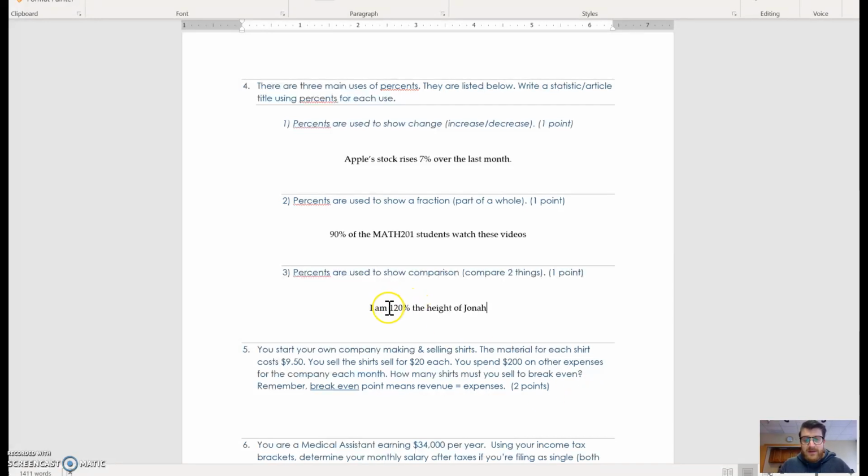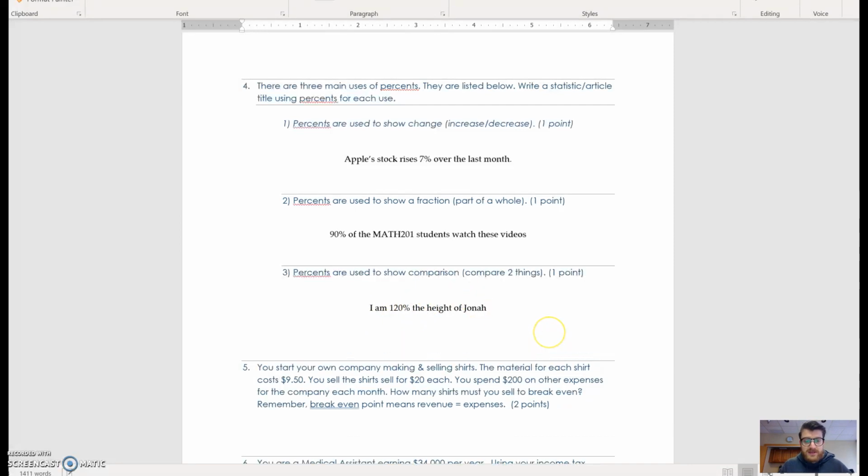This means that I am Jonah's height, which is 100%, but then 20% more. So this means that I am taller than Jonah. Another example I think that we went over in class was like the cost of an Audi costs 150% the cost of a Chevrolet or something like that.